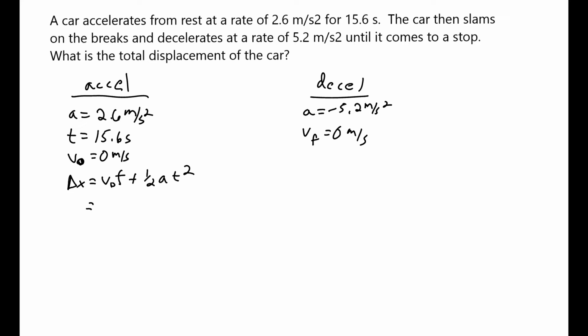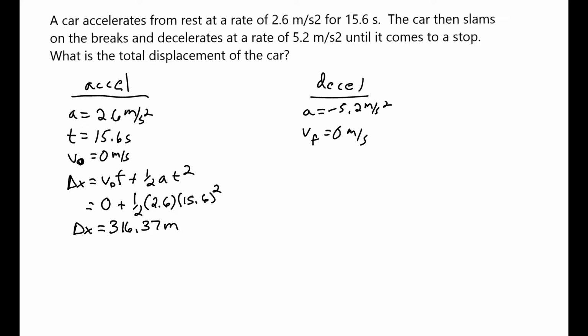So that whole thing cancels out to 0 plus 1/2 times 2.6 times 15.6 quantity squared. And what do we get for delta x? 316.37, we'll say, meters.